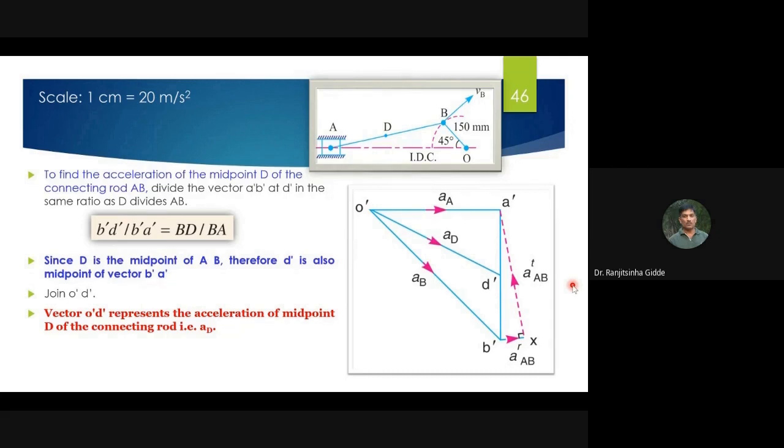Next line you can write, vector O dash D dash represents the acceleration of the midpoint D of the connecting rod.